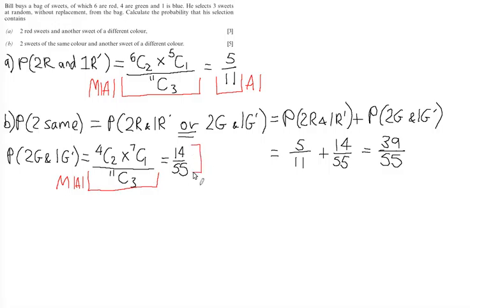We're going to get an accuracy mark for calculating an accurate answer for the probability of getting 2 green, and then we are going to get a method mark for correctly identifying that we're going to need to add the probability of 2 red with the probability of 2 green, and finally we get an accuracy mark for identifying the probability of 2 the same is 39 out of 55.